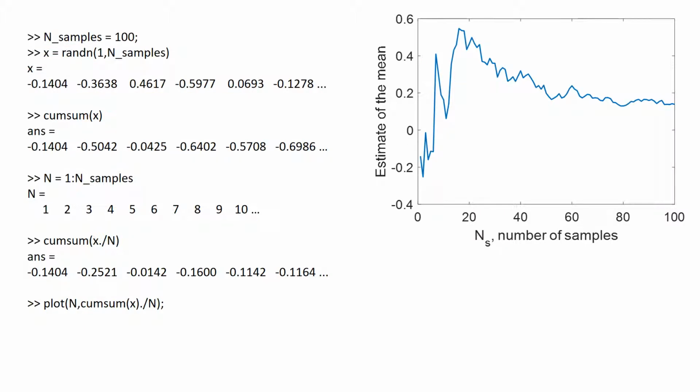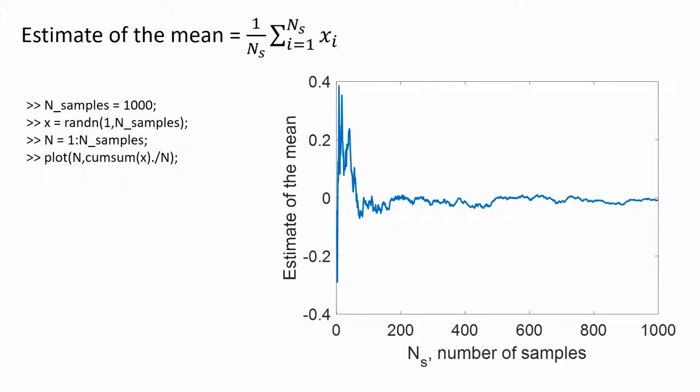Here's what I get when I execute the same codes again. Same sort of trend, different numbers. If we increase the number of samples, we get a better, that is more accurate, estimate of the mean. Okay, estimate of the mean. What does that mean? And this is what that means. Here we have n sub s samples of the variable.